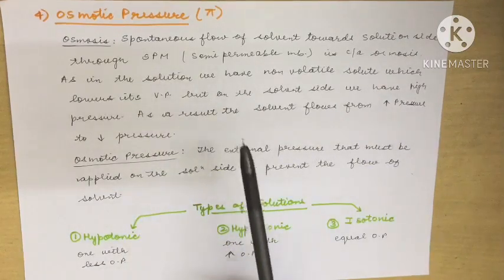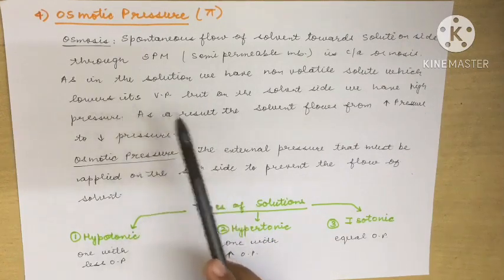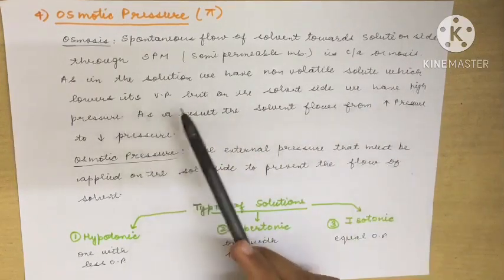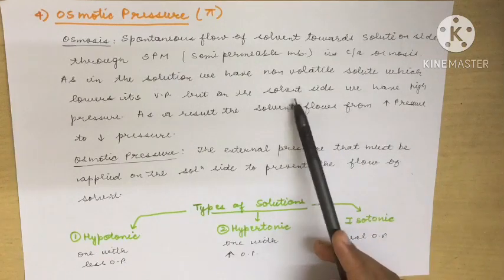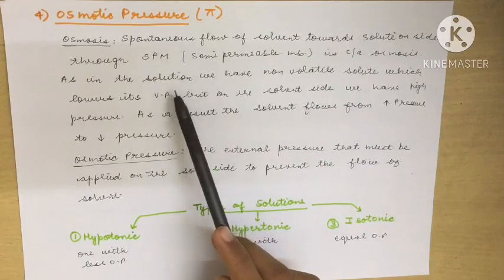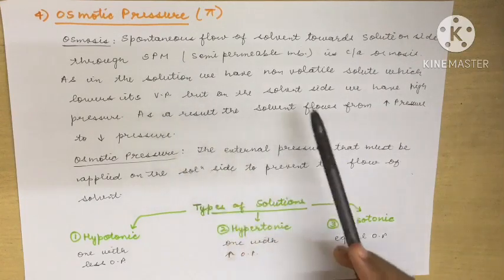Now why are the solvent molecules flowing? In the solution, we have a non-volatile solute which lowers the vapor pressure. But on the solvent side, the solvent is pure, and when we add non-volatile solute to the solvent, it converts into the solution. And we know that the vapor pressure of the solution is less because non-volatile solute is added.